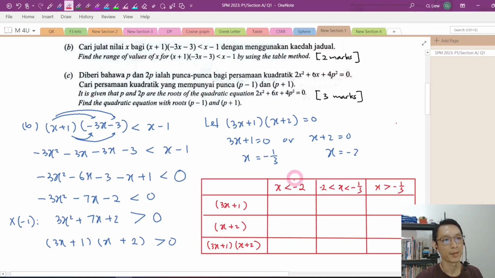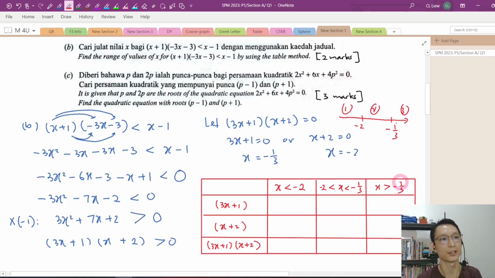Okay, now let's say I have a number line over here. Just now we got the critical points, negative 2 and negative 1 over 3. So this is negative 2, this is negative 1 over 3. So I have three regions here: first, second, and third.